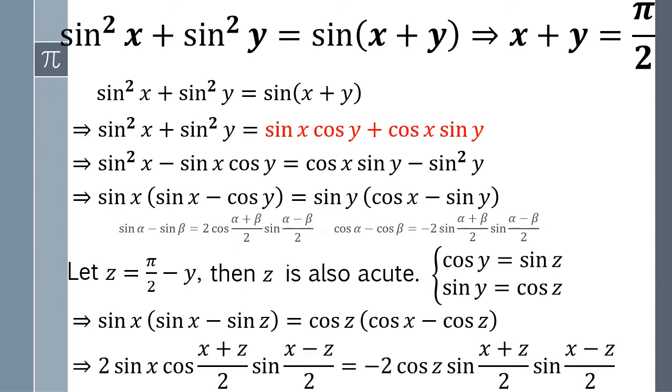Then the equation becomes 2 times sin x times cosine((x plus z) over 2) times sin((x minus z) over 2) equals minus 2 cosine z times sin((x plus z) over 2) times sin((x minus z) over 2).